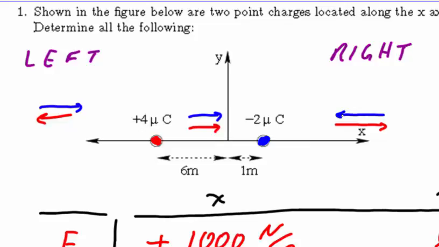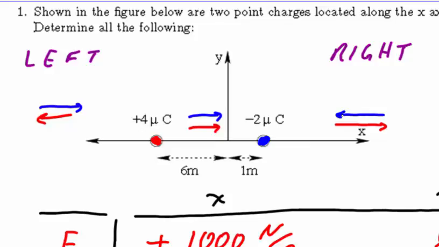In order to get the two electric fields to be equal to one another, we need to select, should we be closer to the large charge or closer to the small charge? The answer is, if we want the two electric fields to be equal, we need to be closer to the smaller of the two charges.